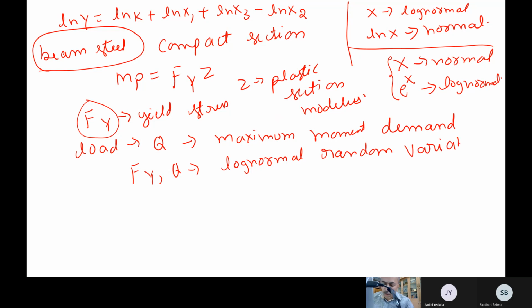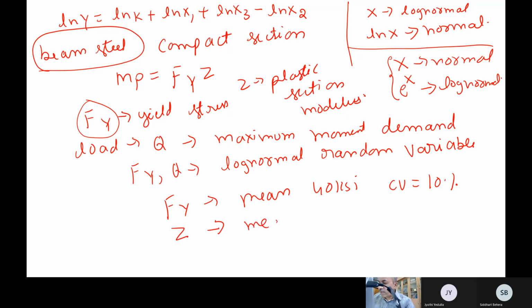Now we have the numbers also. For Fy, the mean value is 40 KSI, and its coefficient of variation is 10%. Then the section modulus is also a random variable, its mean value is 54 inch cube, and its coefficient of variation is 5%.